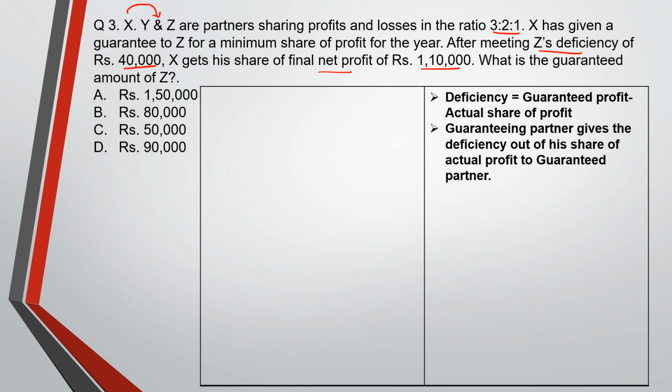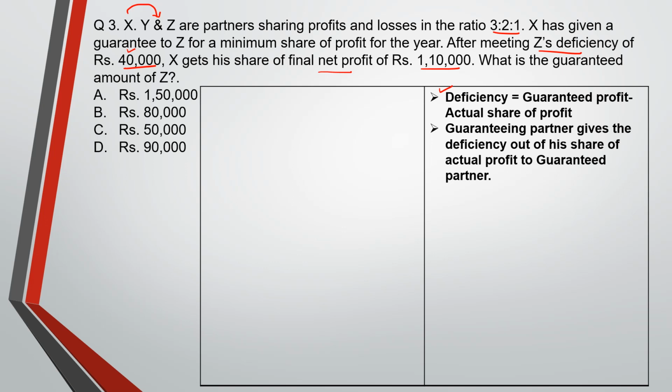Now what is deficiency? The formula for deficiency calculation is, from the guaranteed profit which has been given, if you deduct the actual share of profit to that guaranteed partner, you will get the deficiency. And here we have the deficiency amount of 40,000 available. But we do not have the guaranteed profit, neither the actual share of profit.